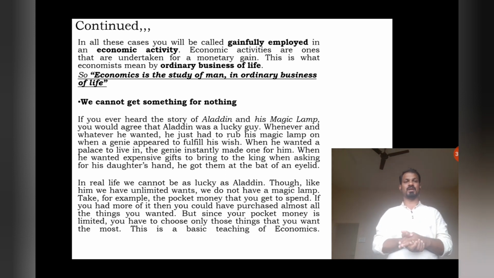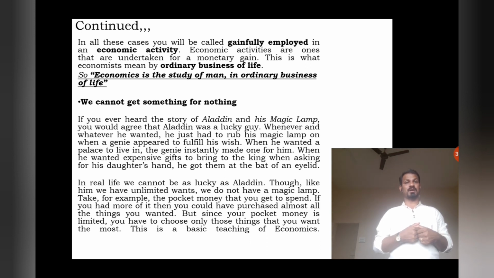If we compare ourselves with Aladdin, we also have unlimited wants, as much as Aladdin had, but we are not as lucky as Aladdin, because Aladdin has that magic lamp. Take for example pocket money, means the money which we have in our pocket to spend.